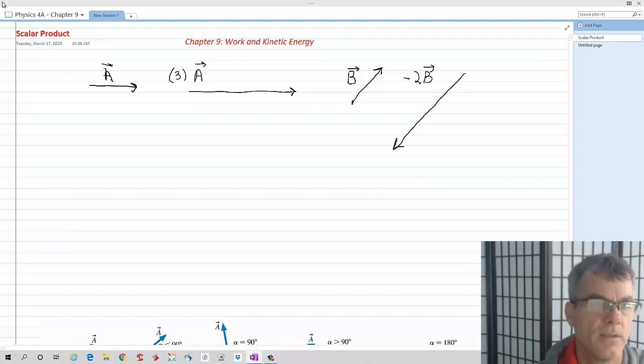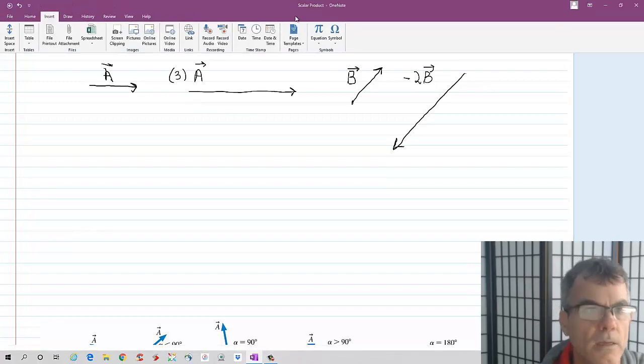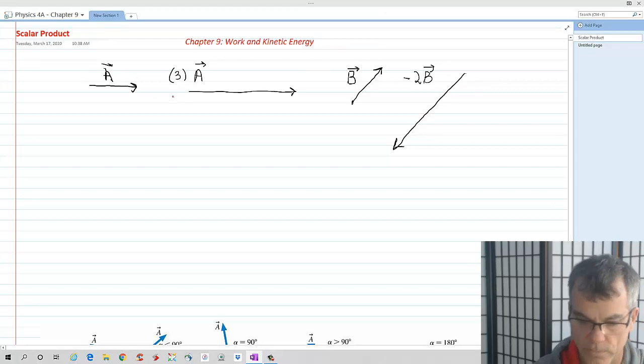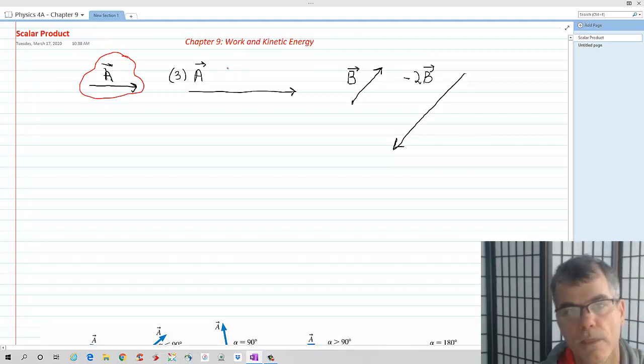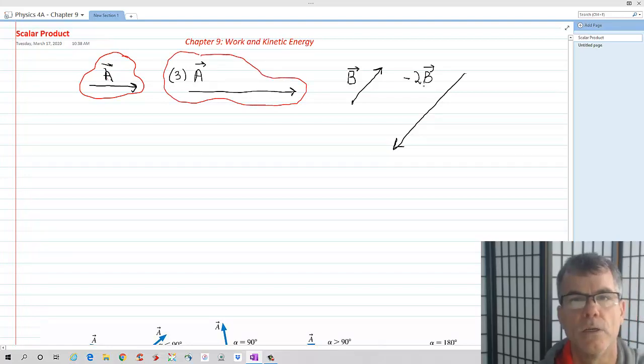So again, if I just had vector A, let's do this over here. I want to draw, let's do red. So vector A, right here, if I multiply it by a positive scalar, like 3, then 3 times A is going to have the same direction as A, but 3 times as long.